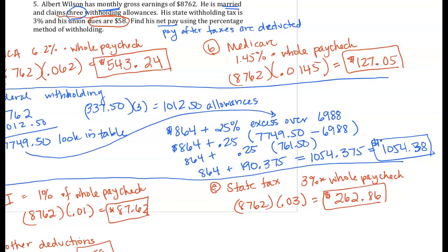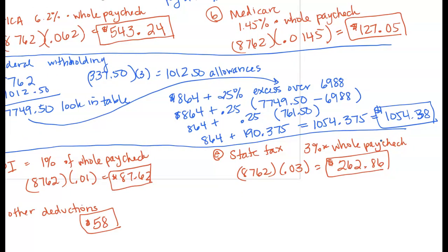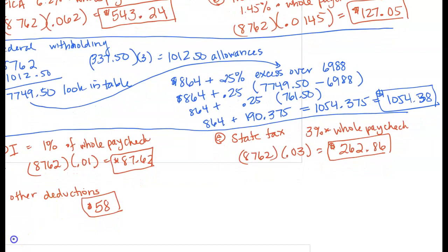And now let's go ahead and find our net pay. Our net pay is going to take our whole paycheck, which was $8,762, and we're going to subtract each one of these taxes. Our first tax was $543.24.